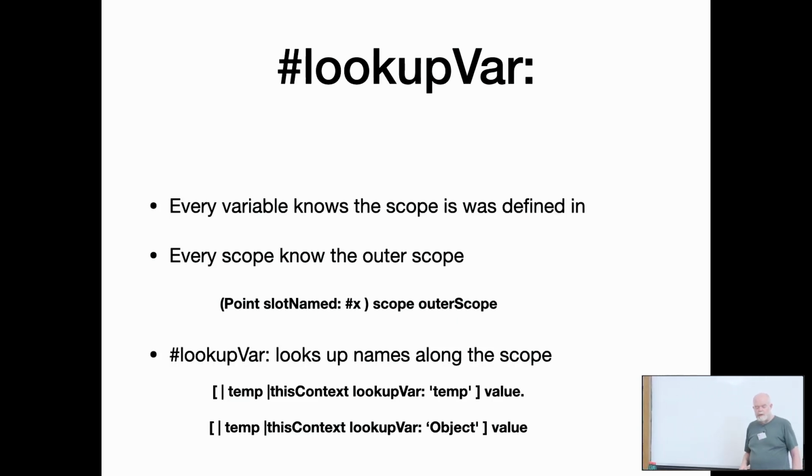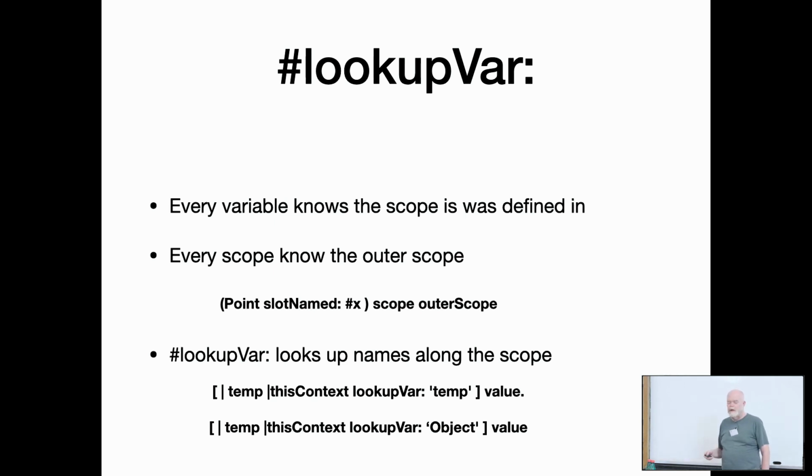What we then did is that every one of these variables has a scope attached, as we said, like the scope for blocks or for the method. But for instance variables, the scope is the class. And for global variables, the scope is Smalltalk globals, of course.